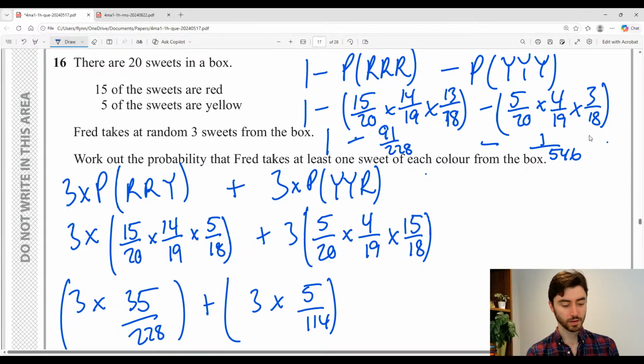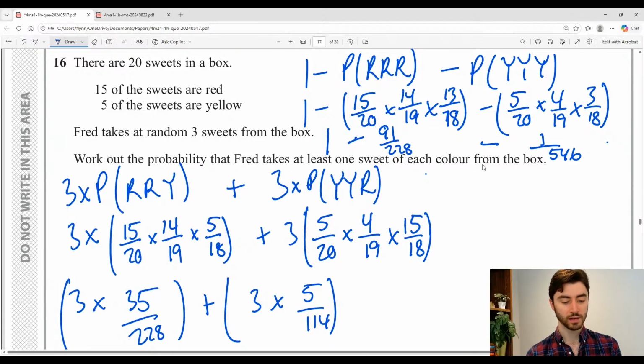Please pause while I troubleshoot. No, 1 minus over 20 times 19 times 18. Because it may be that I got the harder one wrong. No, I just typed something in wrong. So let me try. I think the 5 times 4 times 3, I got wrong, 20 times 19 times 18.